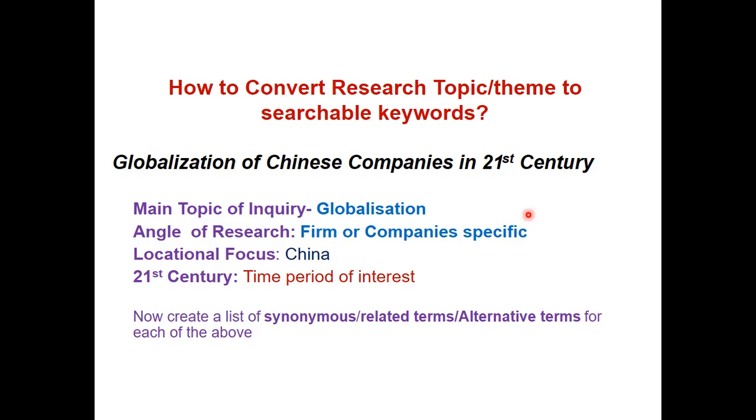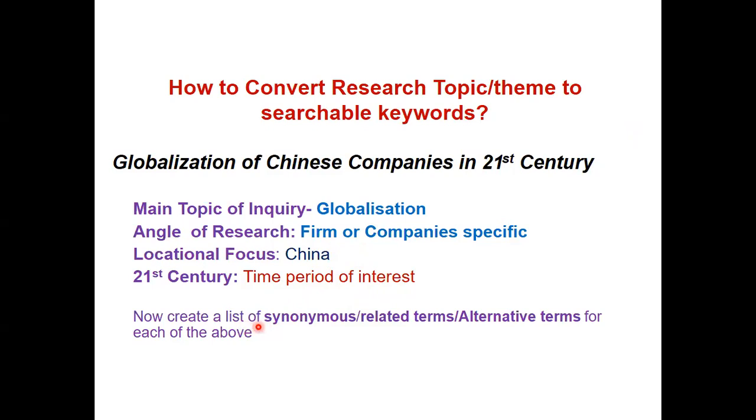Because some studies might be focusing on countries, or other spheres of concentration, but then you might decide the angle of research is from firms or companies, and you may need to specify a focus, for example, China, because you're focusing on globalization of Chinese companies. Or if it is globalization of African companies, the focus will be Africa, etc. Then 21st century will be the time period of interest.